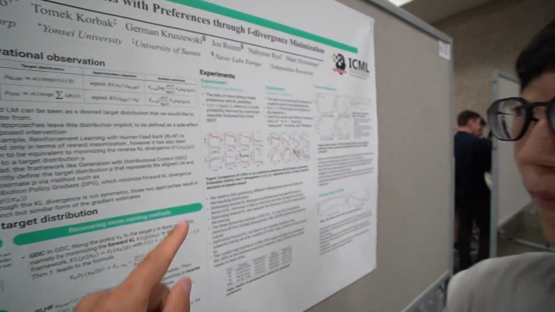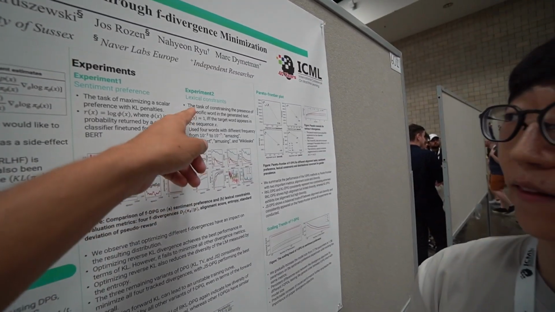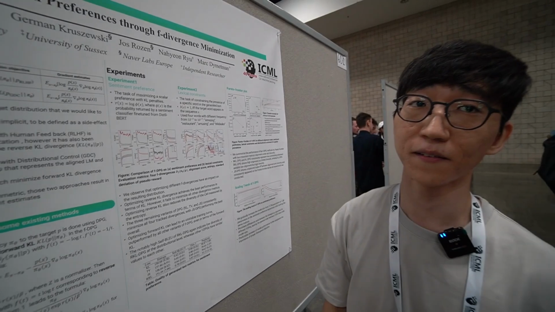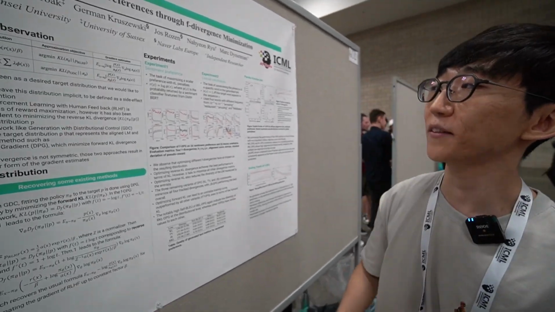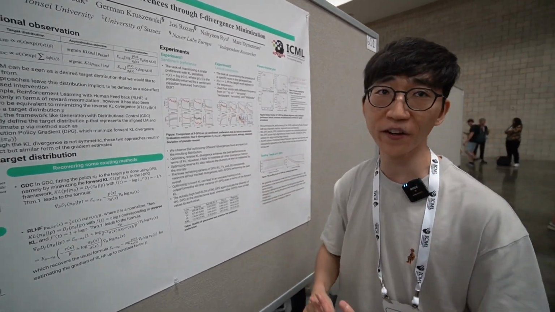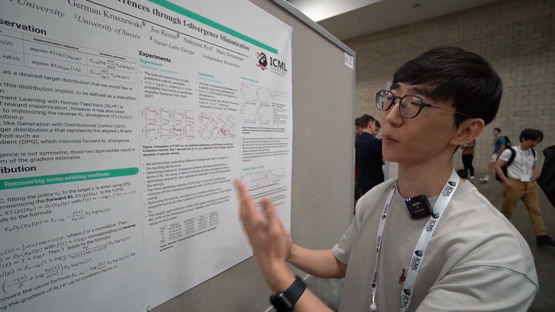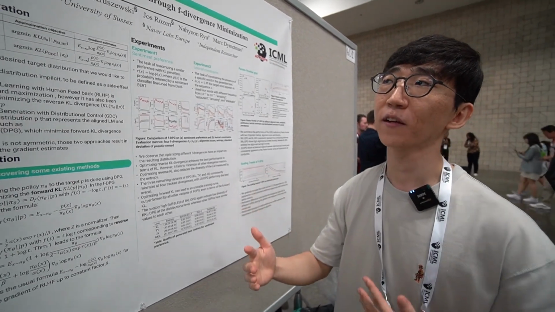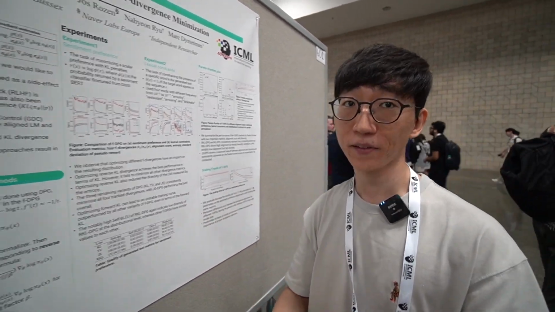Then the experiments, like sentiment preference and lexical constraints. Here I used a sentiment classifier as the reward for the experiment. The task is to generate a positive sentence, something that is classified as good sentiment.